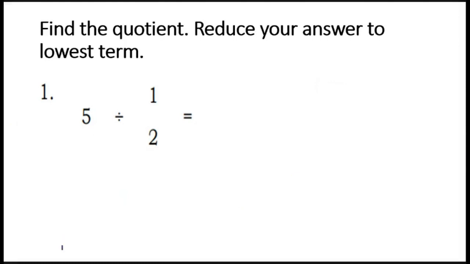Now, here, on our first given, so 5 divided by 1/2. Okay? Now, we can say this one, 5. As I have always mentioned, the denominator of a whole number is always equal to 1. And then divided by 1/2.